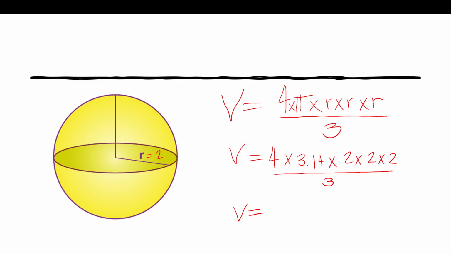So, muli, unahin natin yung ating whole numbers at iwanan muna natin si mixed decimal. So, 2 times 2 is 4. 4 times 2 is 8. And then, meron po tayong 4 dun sa harapan. So, 8 times 4, that is 32, divided by 3. So, magmumultiply muna tayo.